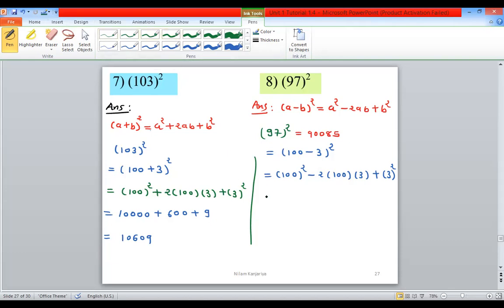So the 100 square is 10000. 2 times 100 times 3 is minus 600 plus 9.